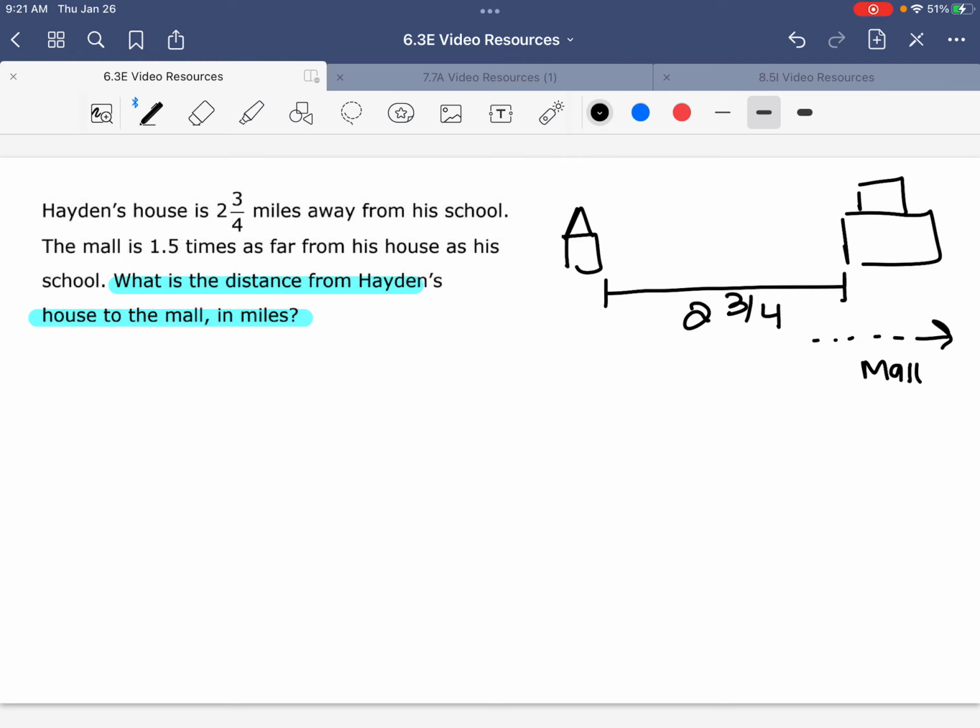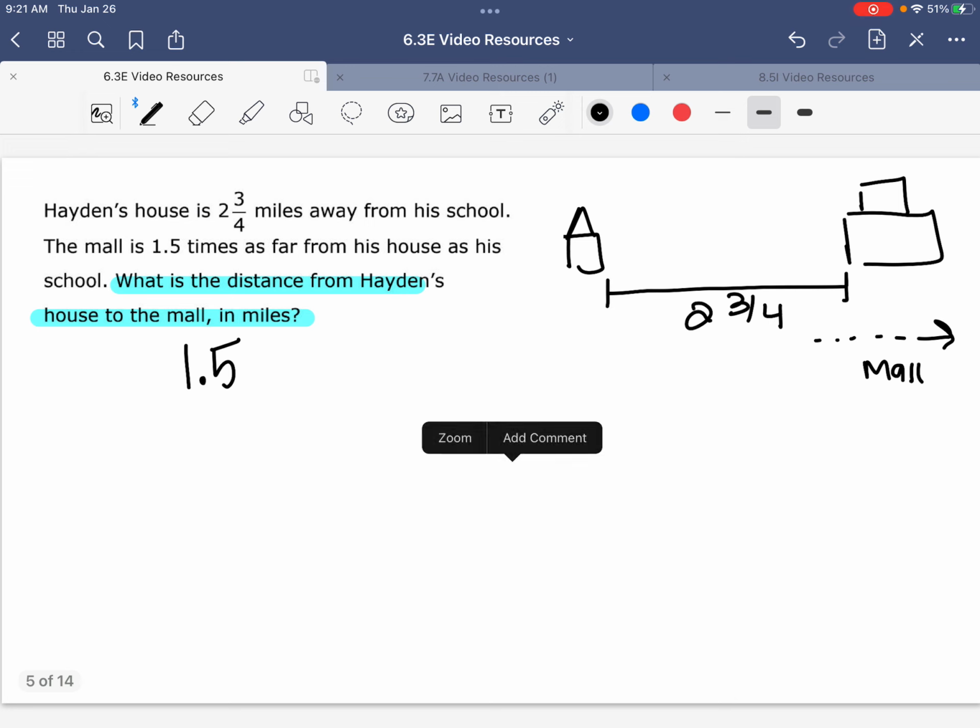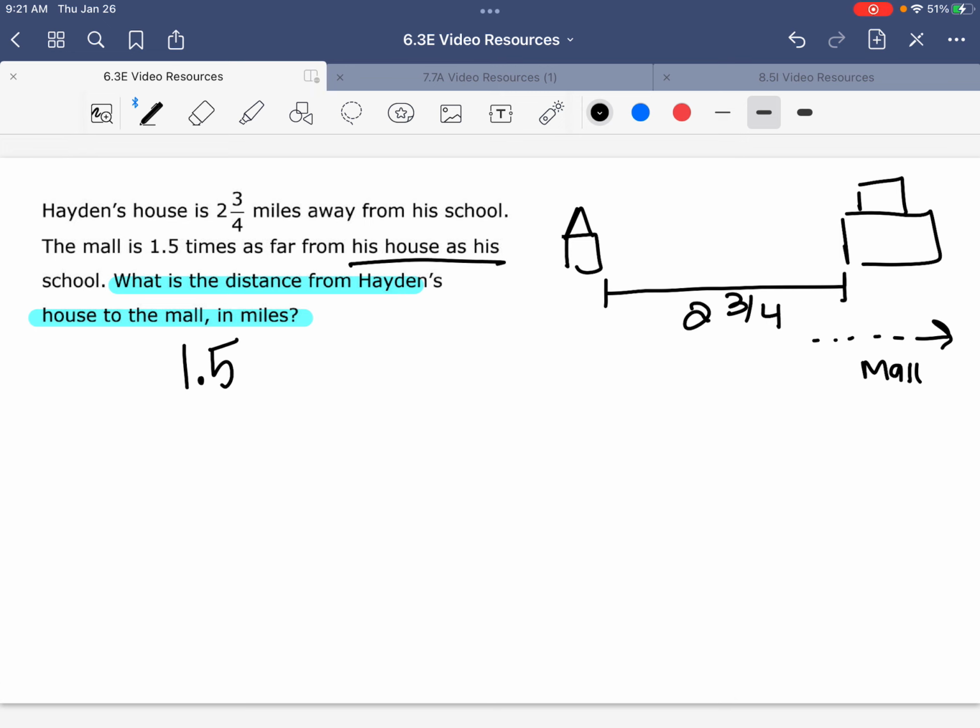So I want to know what 1 5/10 times the distance from his house to his school is. Well, I know the distance from his house to his school is 2 3/4. So I will find what 1 5/10 times 2 3/4 is. And I'm thinking I might want to do this in an area model.